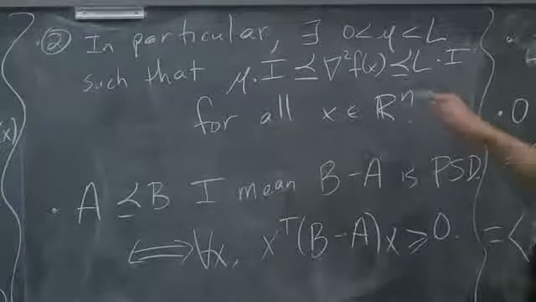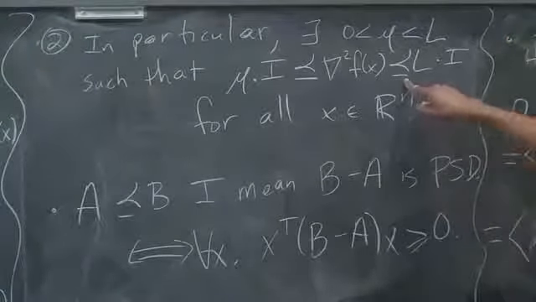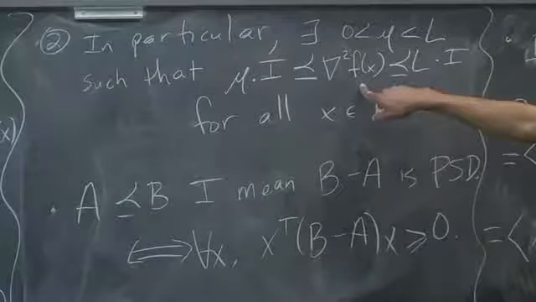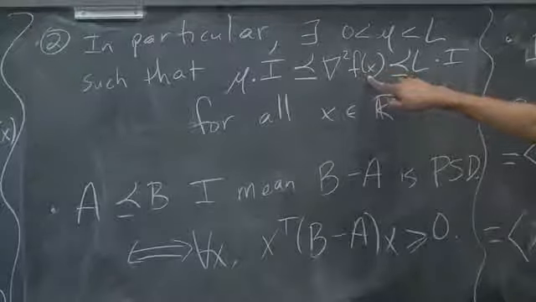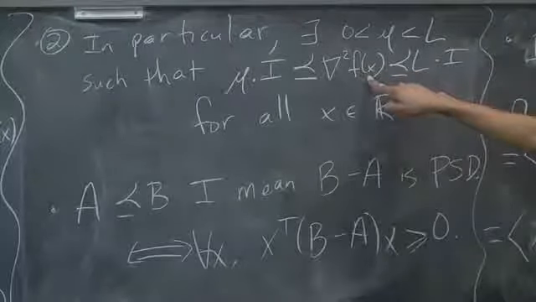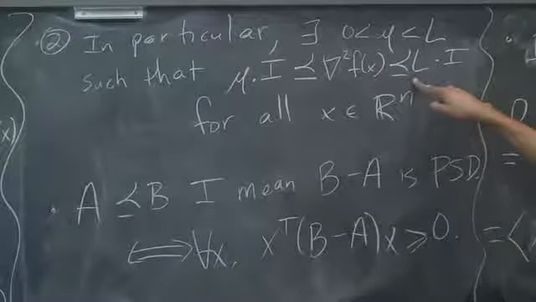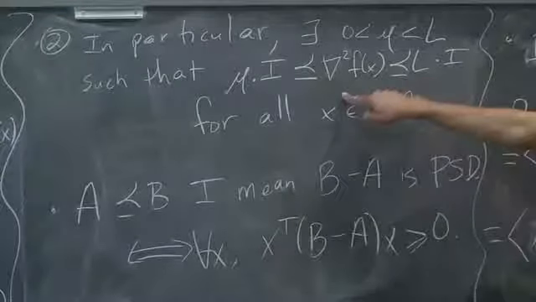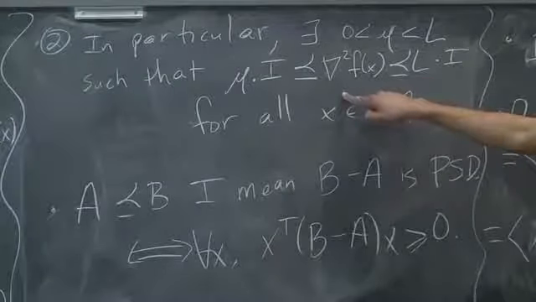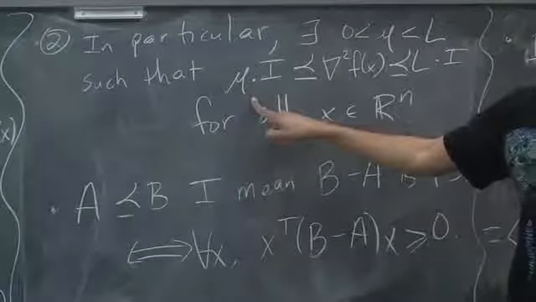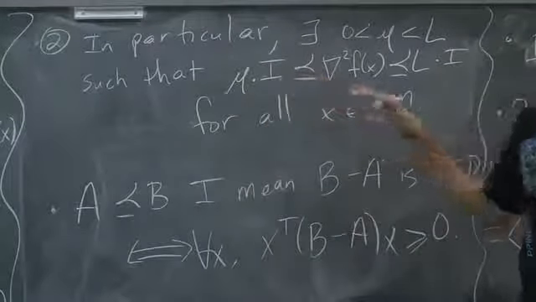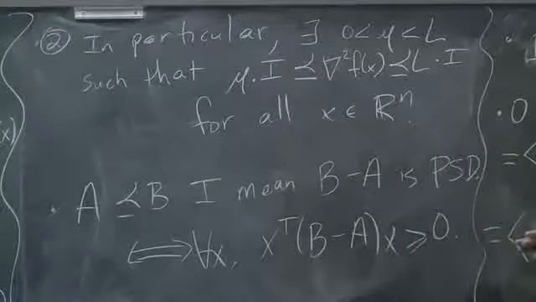So really what this is saying is that for any x, this is a matrix, and its largest eigenvalue in magnitude is at most L. And its smallest eigenvalue, or the one that's closest to 0, is still at least mu. None of the eigenvalues are too small. So this matrix is somehow well conditioned.